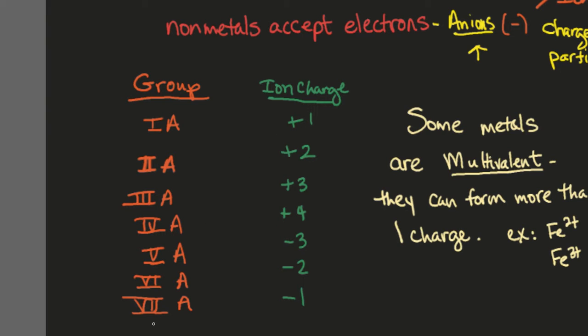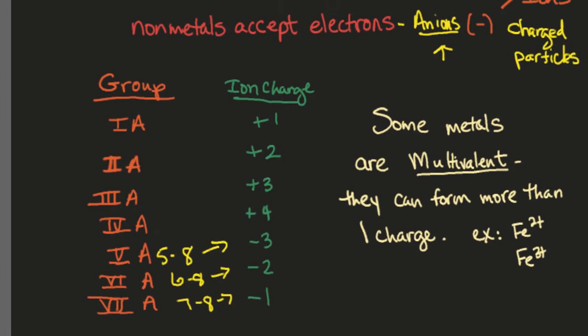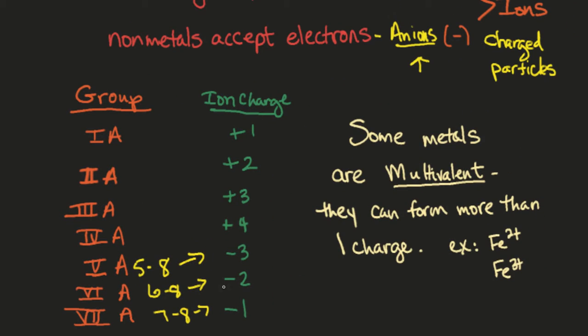For 5 through 8, there's supposed to be a total of 8, and if you do the group number minus 8, you get these guys. So in this case it was 5 minus 8. This would be 6 minus 8. And this would be 7 minus 8. Alright? So as a result, we end up with those charges for those columns.